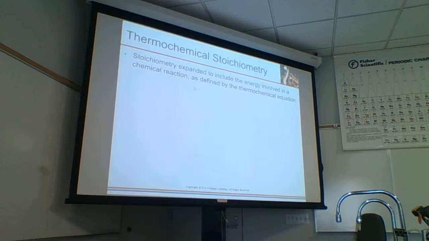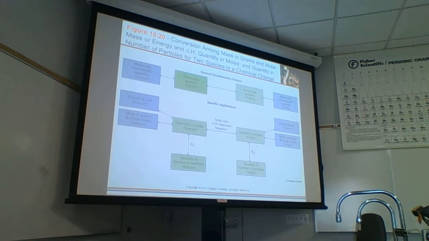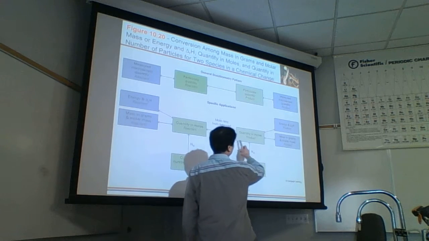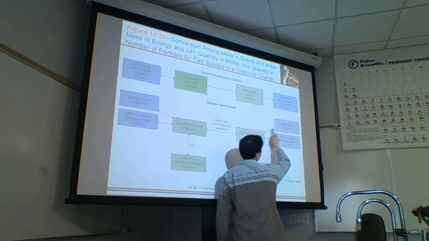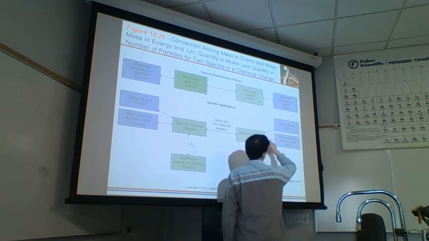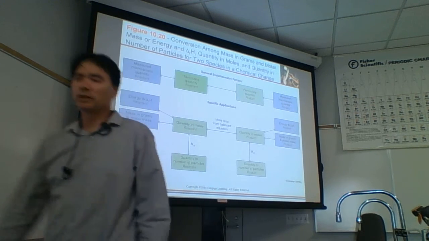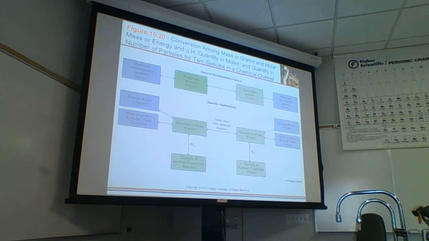And so we're going to expand stoichiometry by adding these energies. So if we know how many moles, this is our standard mole of A to mole of B. If we know how many moles, then we can figure out how much energy. All right. Either energy required to be input or energy that's going to be output.